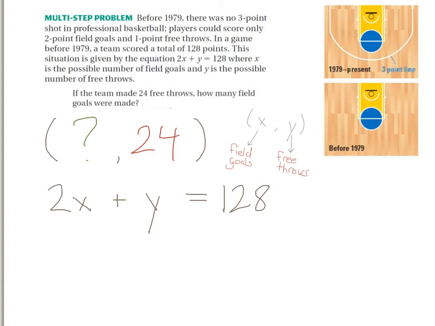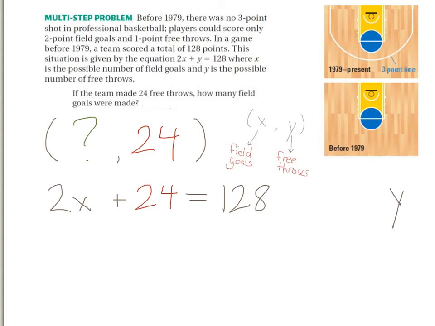All right, well, we can do that fairly simply. All we need to do is, well, in this case, which one do we know? We just determined we know Y is 24. So let's get rid of this Y, and let's replace it with, that's right, 24. And now solve for X, because once we have our X solved, we know the number of field goals were made.